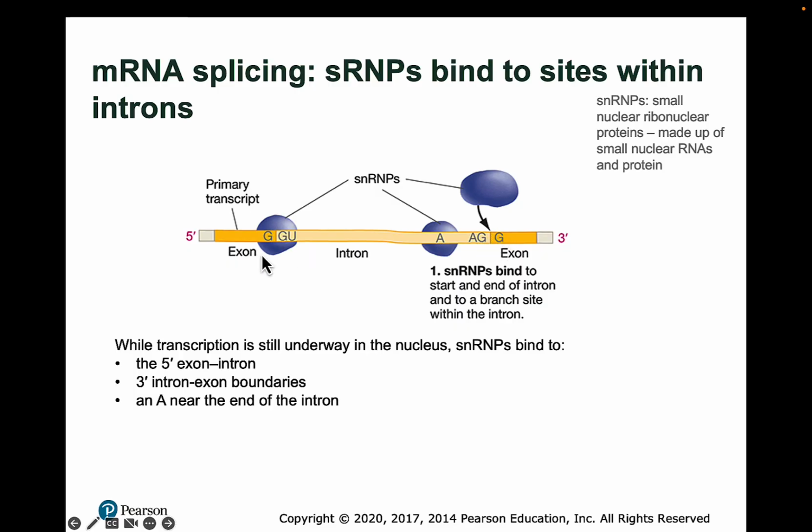So they kind of flank the introns. Then there's a final SNRP that binds at an A near the end of the intron. Okay, so these are the three sites. At the first boundary between the exon and intron at the 5' region, the boundary at the 3' region, and then this A here. And this A is going to serve an important role.